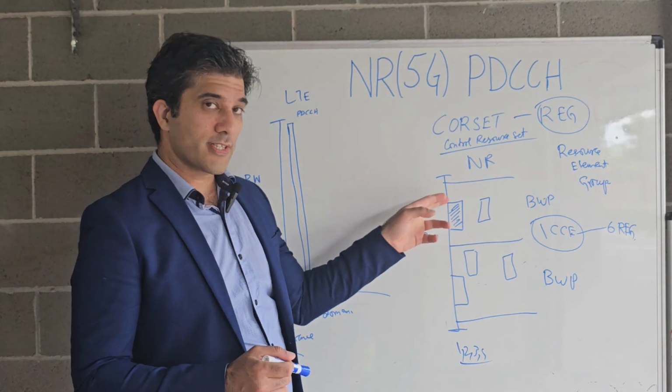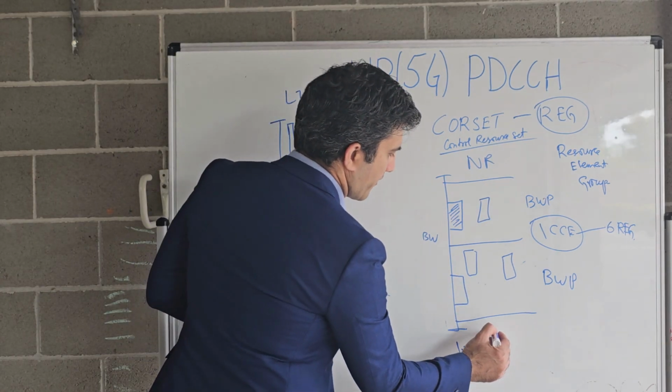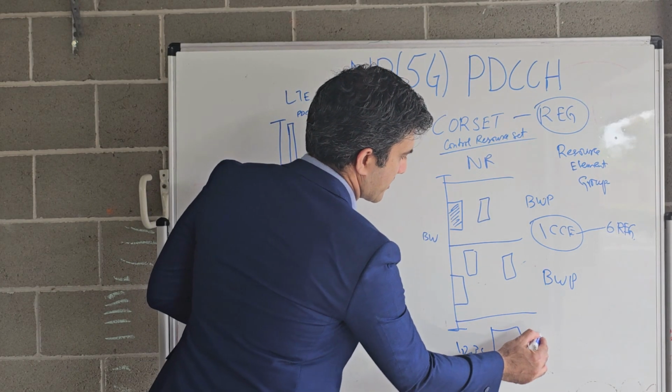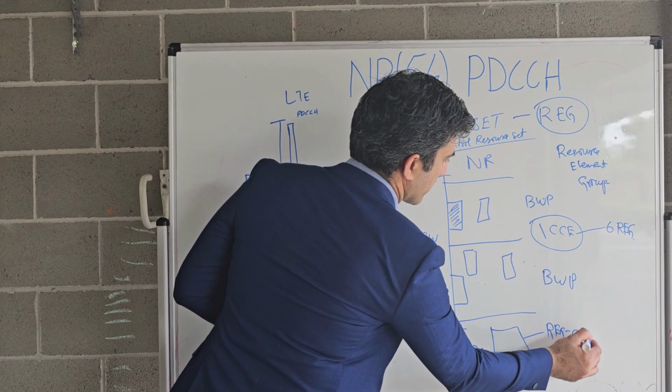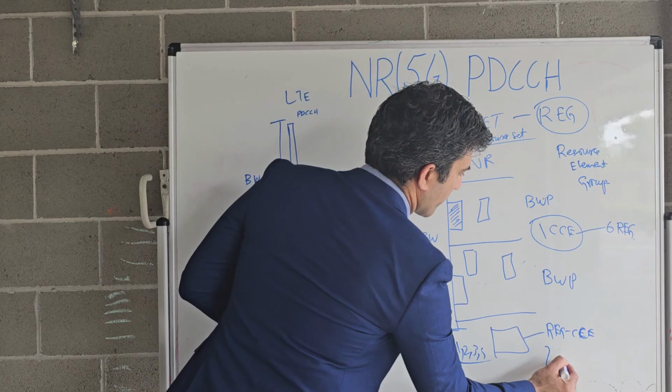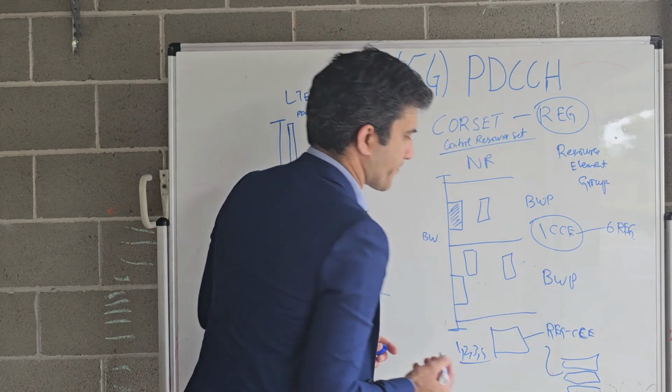So within this CORESET, your diagram will be like this: this is your CORESET, this is your REG to CCE mapping, and then you will have multiple PDCCH search spaces.